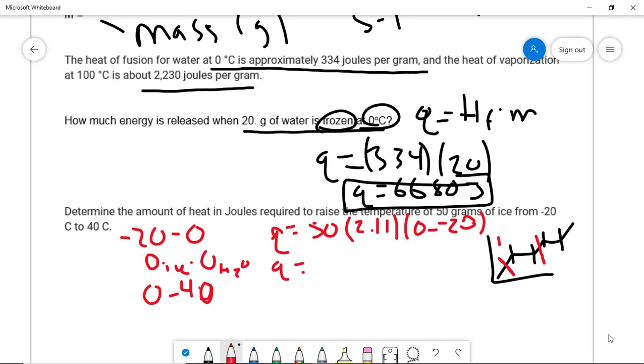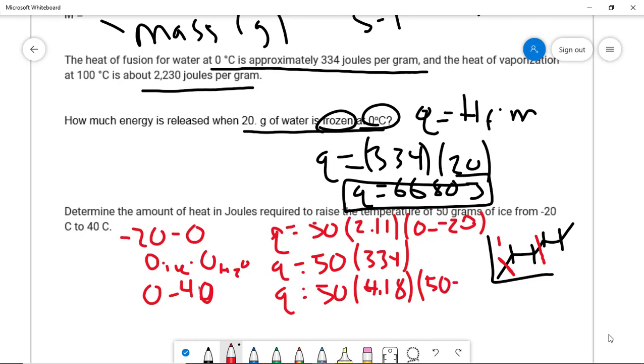Here, kind of the same concept, but this is our phase change. So we're going to use Q equals M times HF. And then the last one, Q equals MC delta T again. But remember, the C value changes because we're using liquid water instead of ice. And then we just solve for all 3 of those Q values.